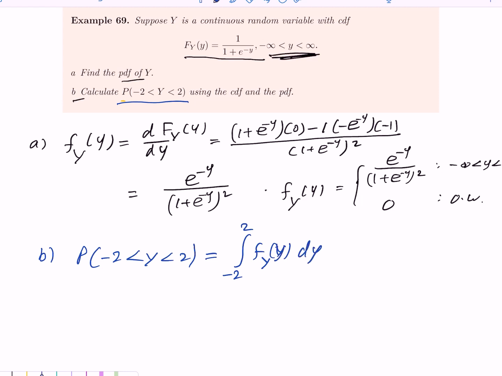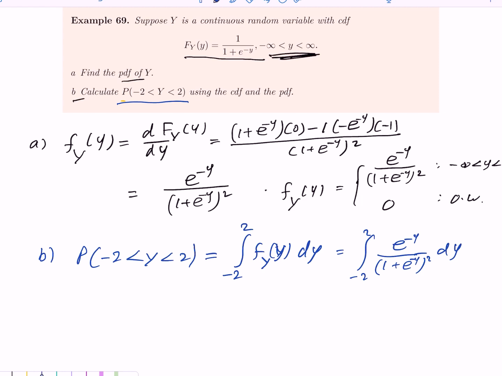So we know f_Y(y), so you can plug it in: e^(-y) over (1 plus e^(-y))^2 dy. So this is the probability between negative 2 and 2, but you have to integrate this one, right?